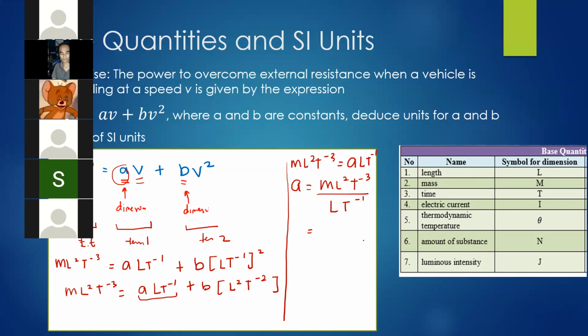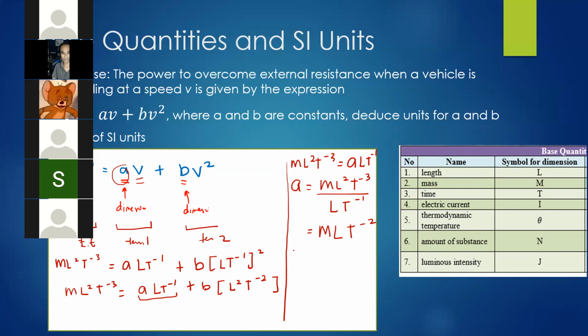What will be the answer? A is M L T negative 2.